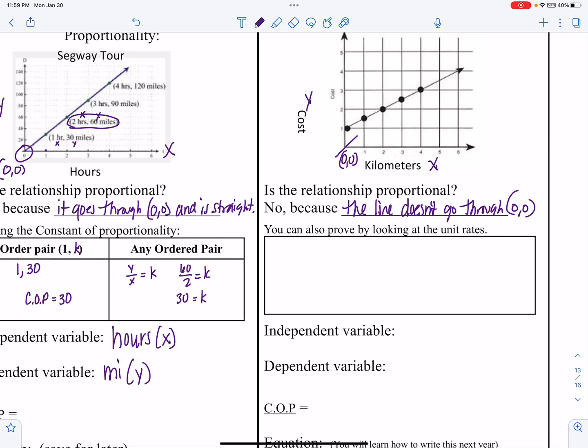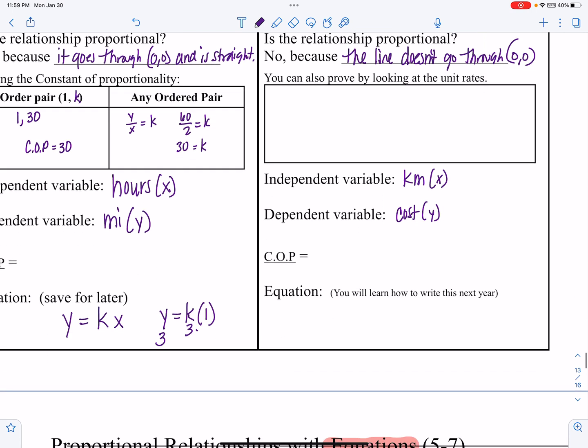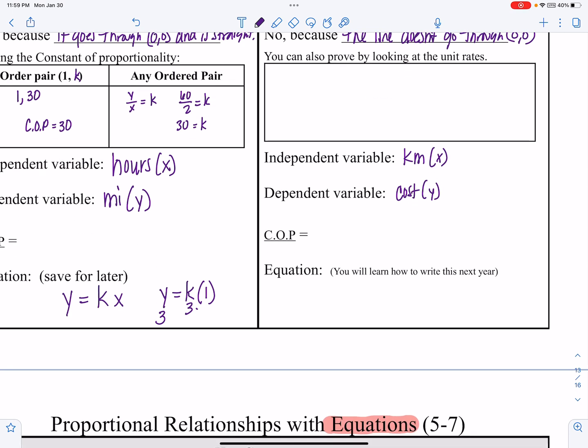So here's my x and y. So x is kilometers. So km is my independent or my x, and then my dependent is the cost, which is my y. We know that the equation is y equals k times x, or if you divide by x on both sides, you end up with y over x equals the constant of proportionality, or COP.